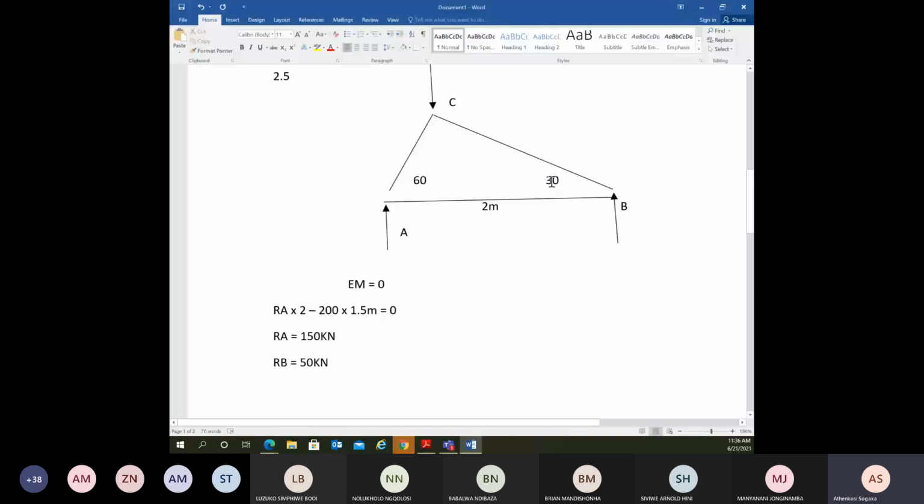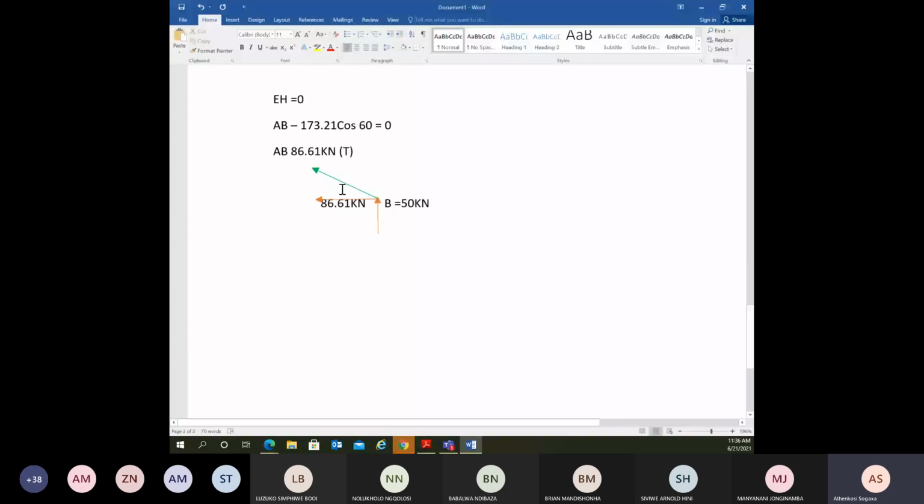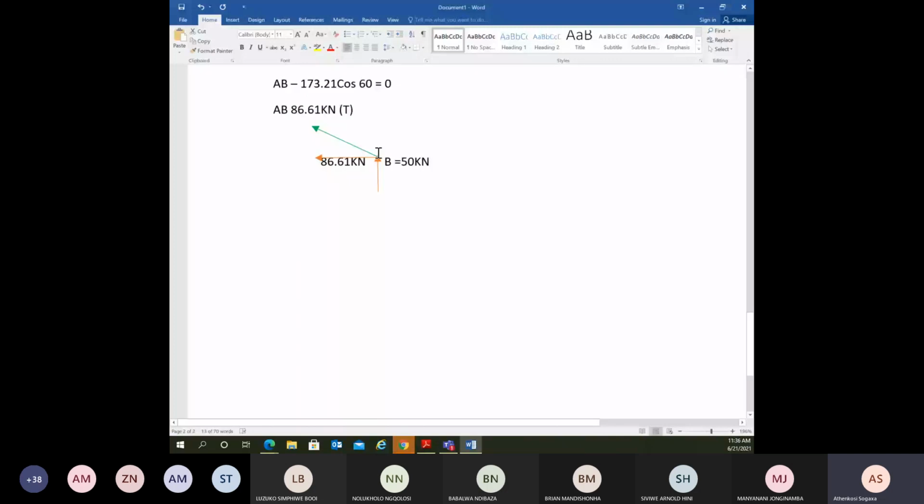Now, having that 30 degrees, we apply the same method again, because we want to use verticals to determine this. Sum of verticals is equal to 0.